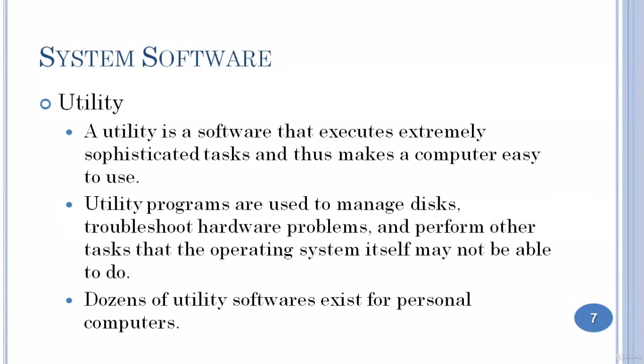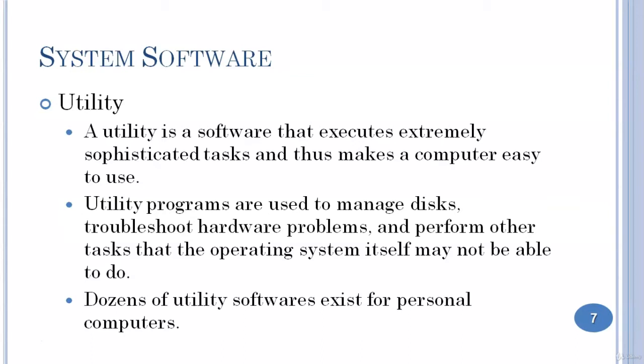Let us now discuss what a utility software is. A utility is a software that executes extremely sophisticated but specialized tasks, and thus it makes a computer easier to use.